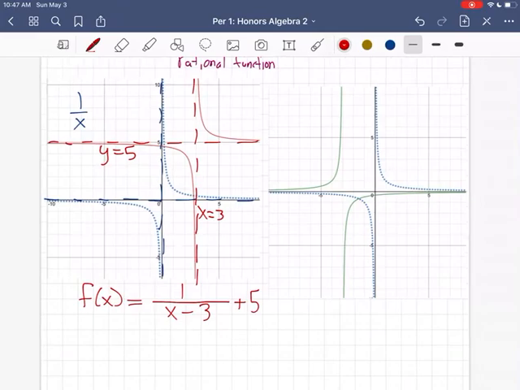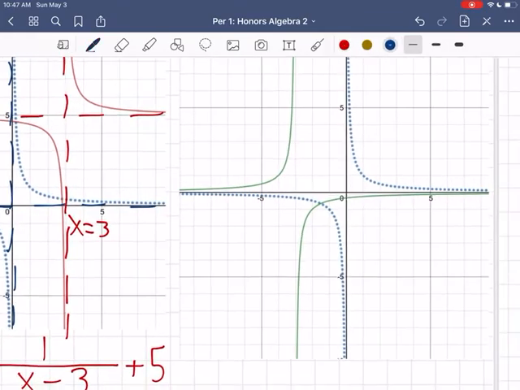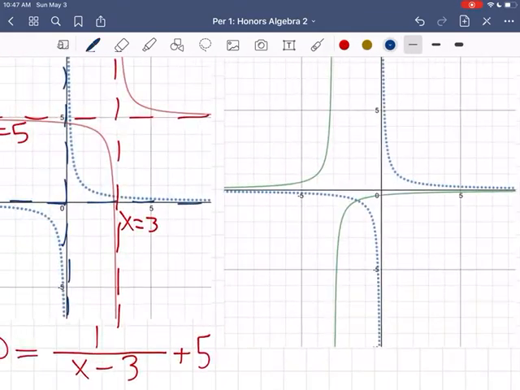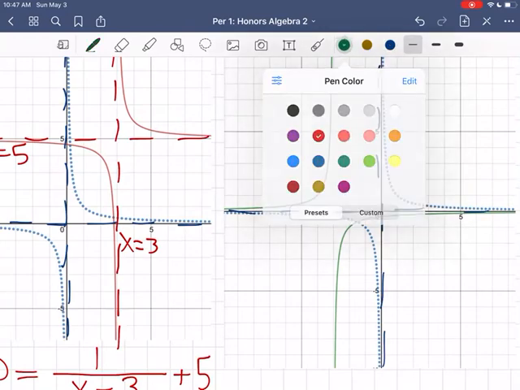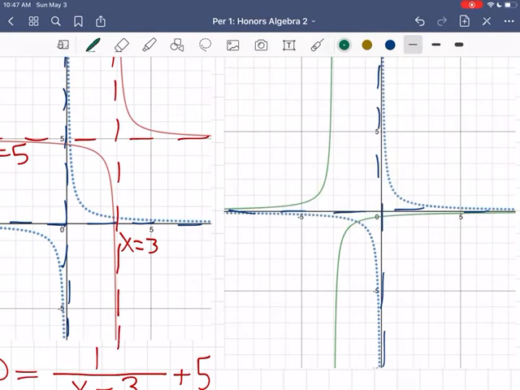Let's move over to the other side. Again, I have plotted our original. This is the basic rational function 1 over x. And then in green, I'm going to go through and put in our asymptotes for our transformed rational function.